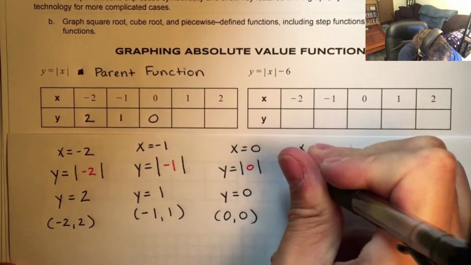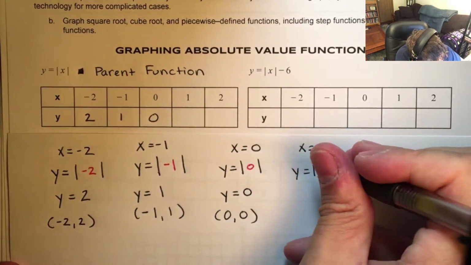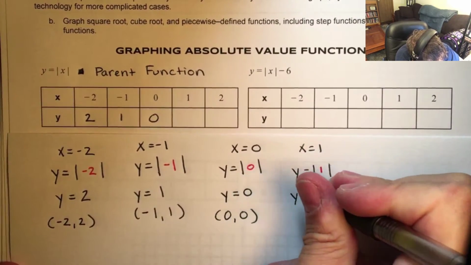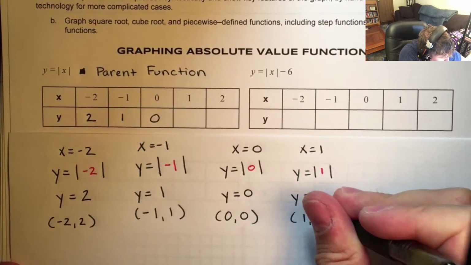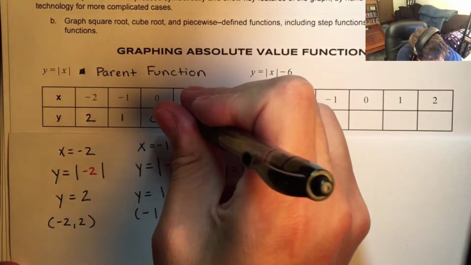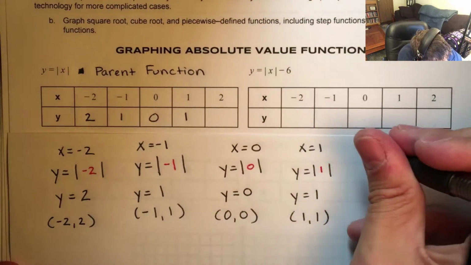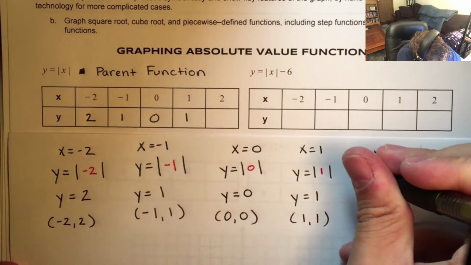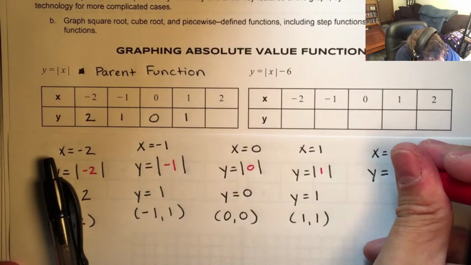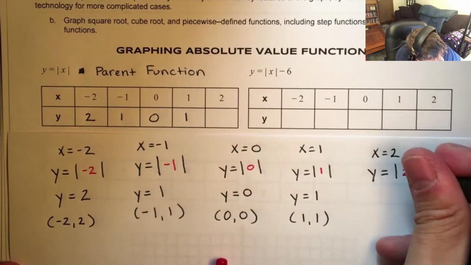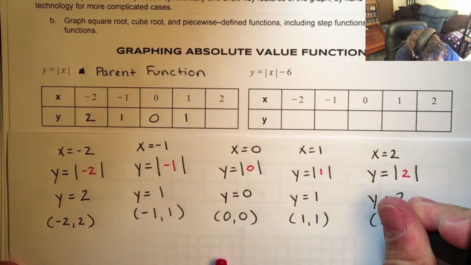So y is equal to the absolute value of 1, and that means y is equal to 1 because 1 is 1 unit away from 0. So it's 1, 1. And then lastly, when x is 2, the absolute value of 2 means y is equal to 2. So we have this ordered pair 2, 2.